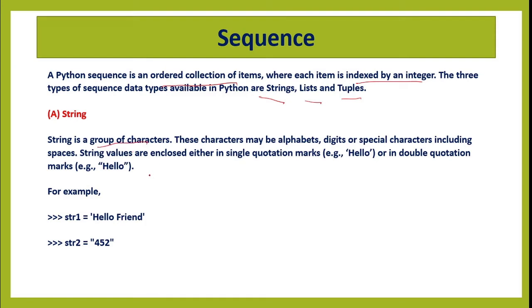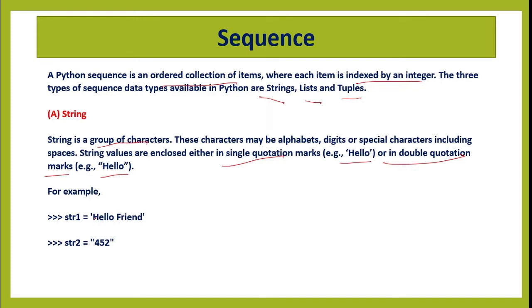These characters may be alphabets, digits, or special characters including spaces. Usually string values are enclosed either in single quotation marks or double quotation marks. See the example, the string hello with single quotes, here the string with double quotes, both are strings only.